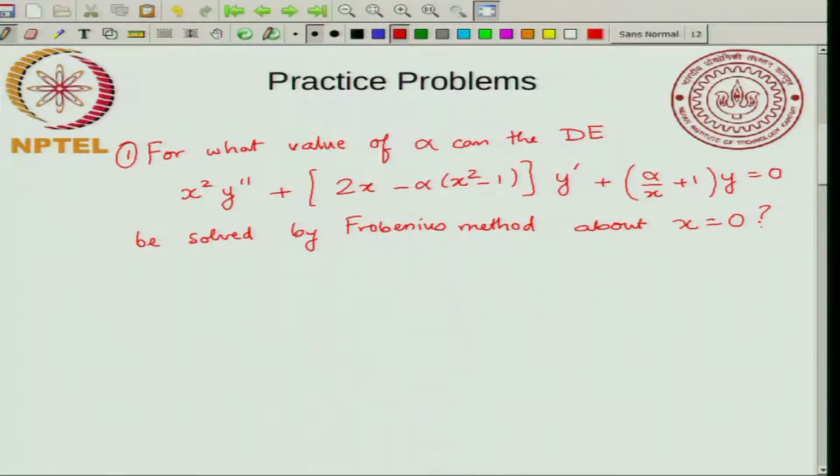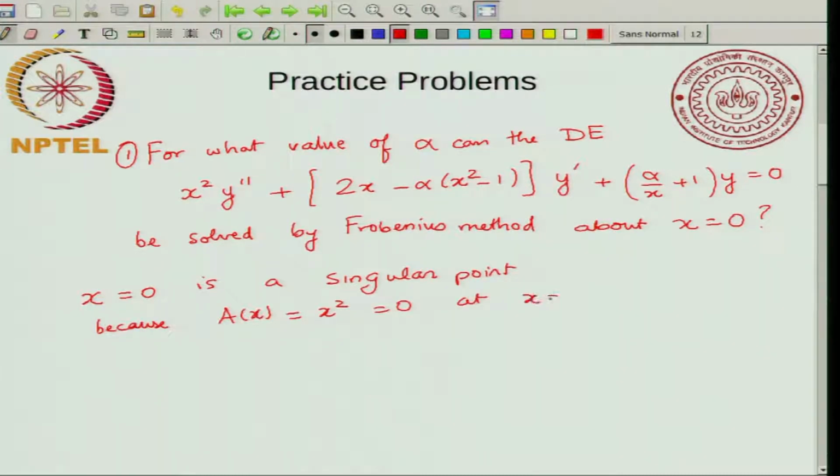Now you can clearly see that x equal to 0 is a singular point, because a of x, which is x square, equals 0 at x equal to 0. Since this term multiplying y double prime is x square, and that goes to 0 at x equal to 0, x equal to 0 is a singular point.